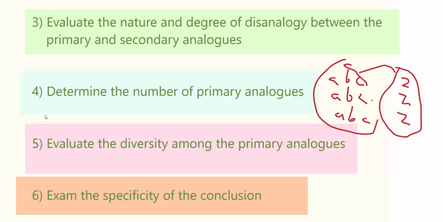It's more evidence that there's a robust connection between them, such that if you have A, B, and C, you're going to get Z as well. So it's making it more and more likely. It's more evidence suggesting that if you get A, B, C, then you'll probably have Z as well.